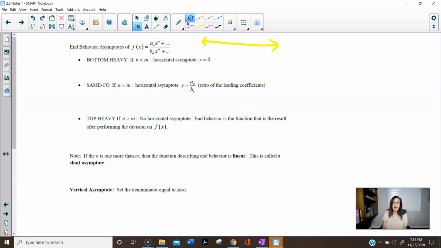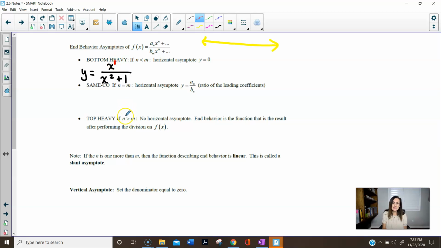So if we have a rational function, and let me just give you an idea of one. So y equals x over x squared plus 1. All right, so there's a rational function. And the rational function, if you look at the degree in the numerator, the degree in the numerator is a 1.